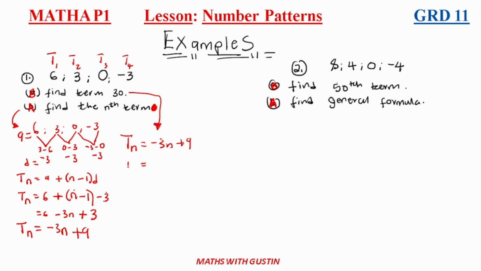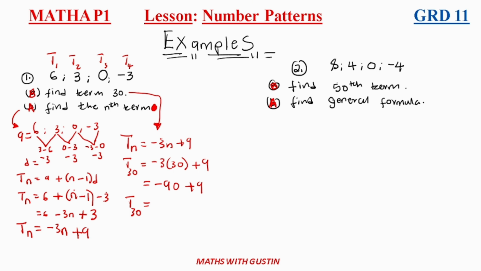We substitute by putting 30 where there's n: -3 times 30 plus 9, which gives us -90 plus 9. So T30 is going to be equal to, let's share our answers, guys, in the comment section below so that we are able to understand each other.